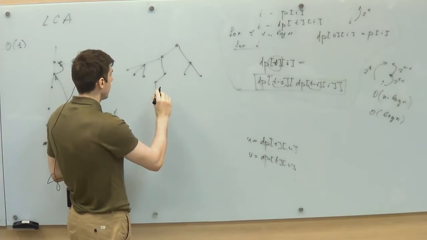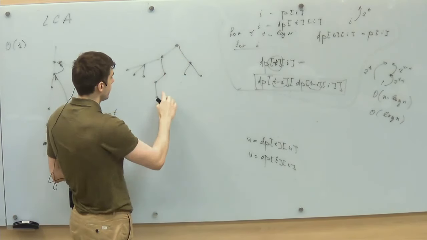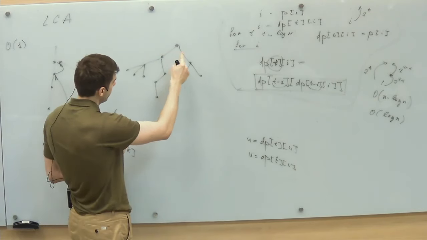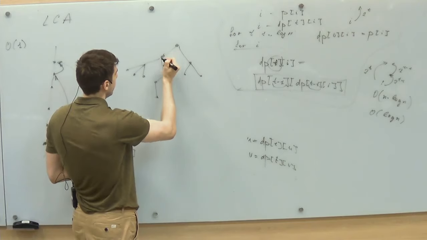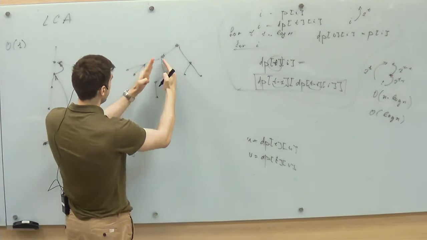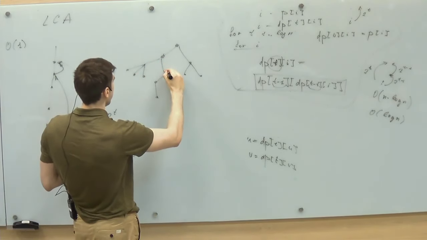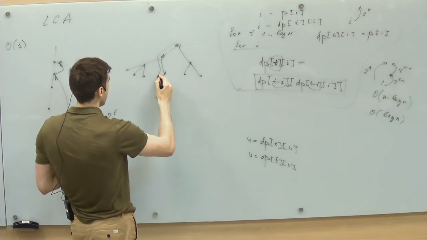So, for example, here this tree has the largest height, so we'll move here from this vertex. This tree has the largest height, so we will move here, and so we will have this path.